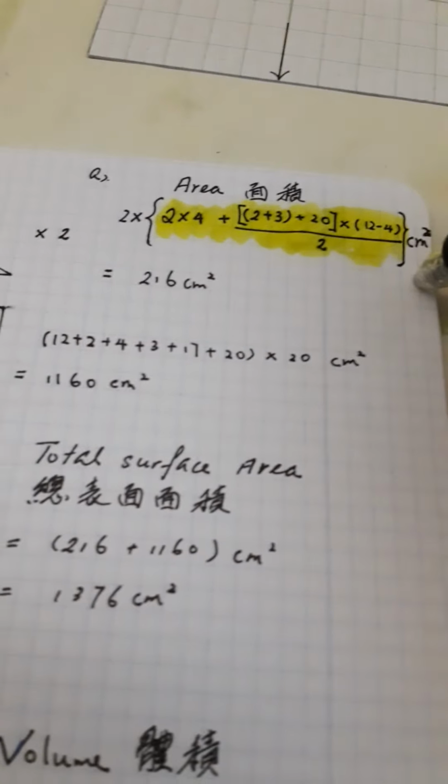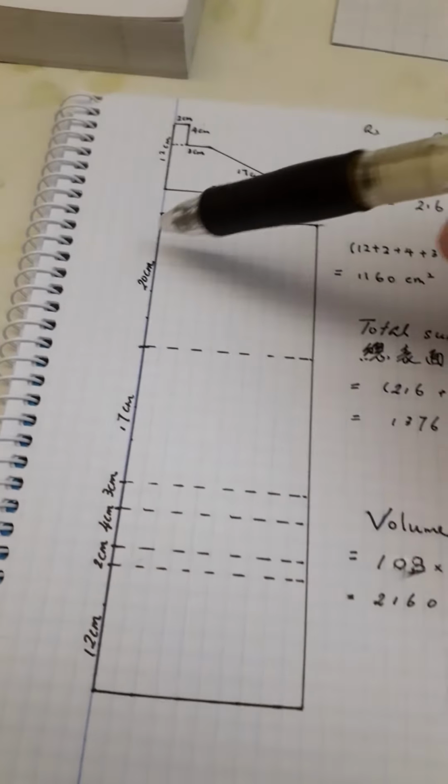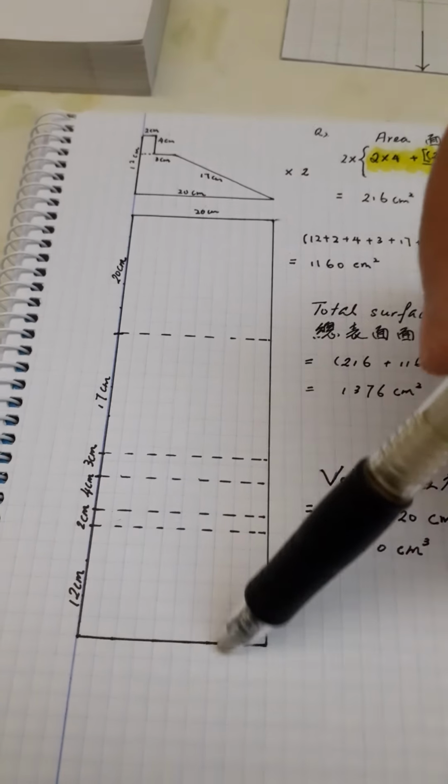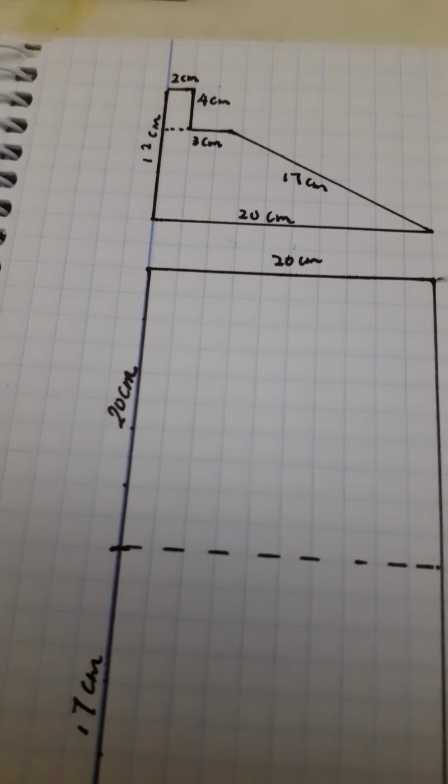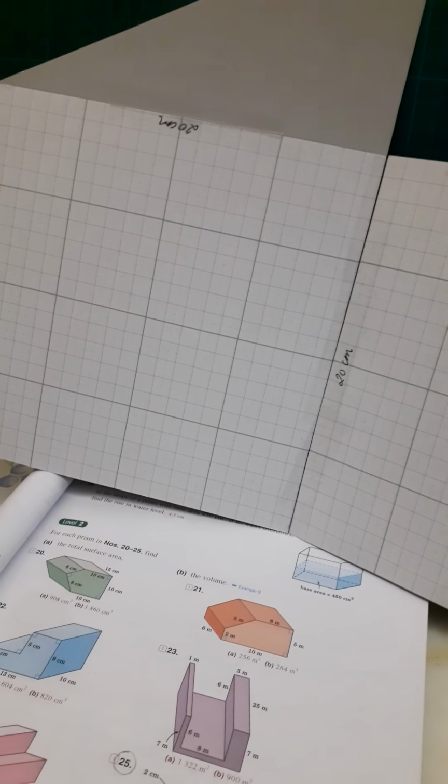Okay, right, and then come to this big rectangle. Okay, this one 20 cm. Imagine that I cut that open like that, and therefore I have 12.